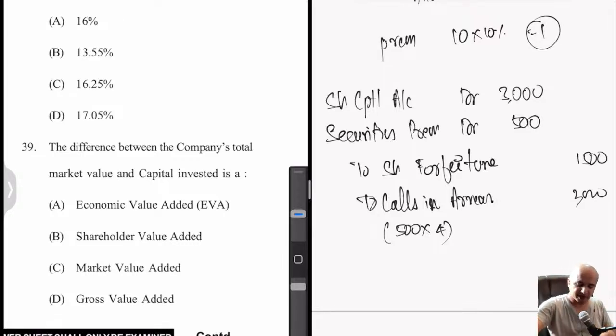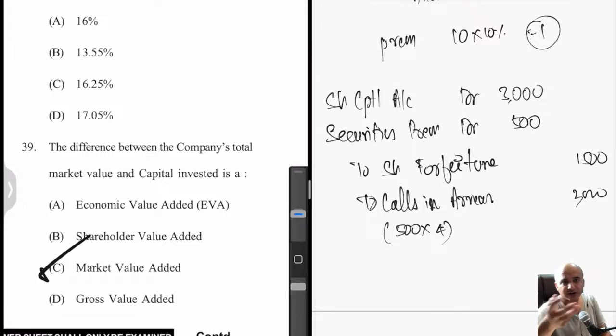So therefore, we are in fact here talking about the market value added, which is nothing but market value of the company minus the total capital invested in the company. So that is the thing. Of course, we know what is economic value added. It is different. It's a financial metric, of course, to measure the company's profitability by considering things like cost of capital. You, I'm sure, would have studied EVA.